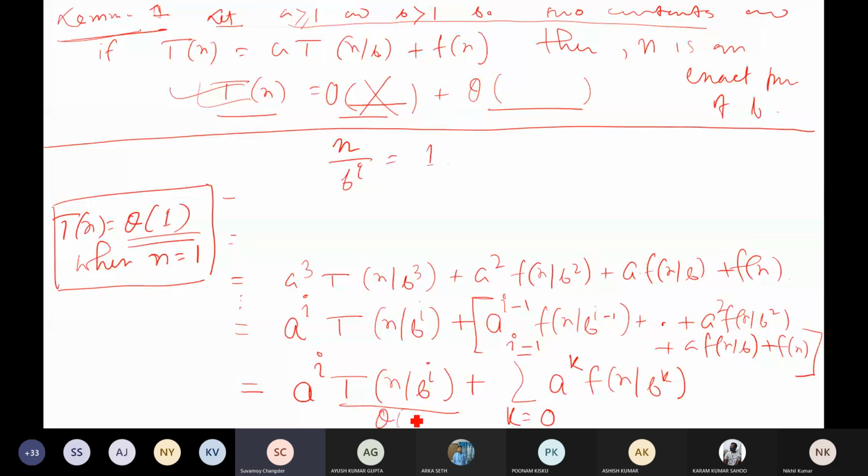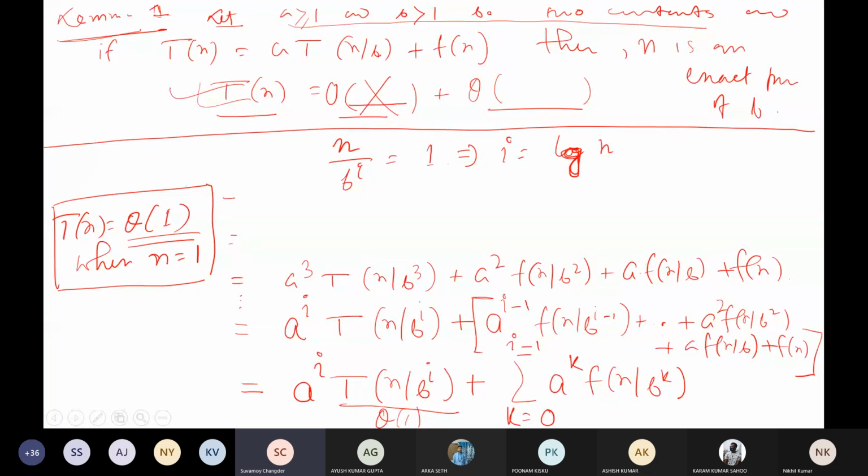The number of inputs in the subarray, n/b^i, must be equal to 1. That implies i equals log n, or if we consider all are base 2, then we can write lg n. So the value of i is log n base 2, right?